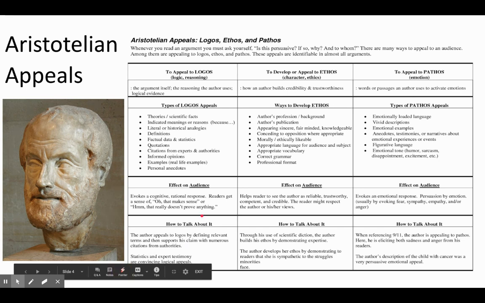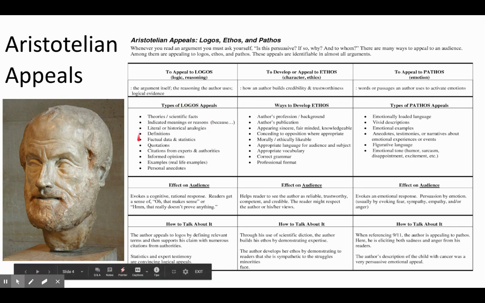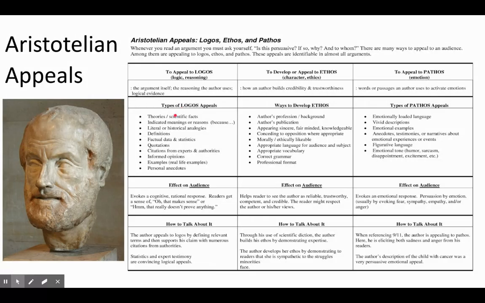So in our writing, when we talk about logical appeals, we don't say an author uses logos. That is incorrect usage. You say an author appeals to logos, and then you say how. So it's kind of like saying an author appeals to logos through one of these things. An author appeals to logos by presenting scientific facts is one way that you can say that.